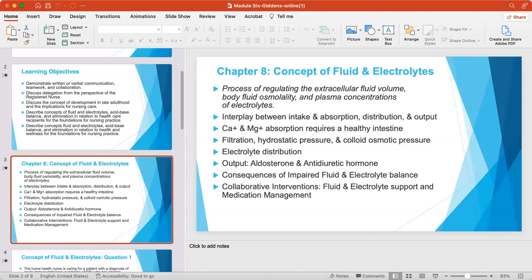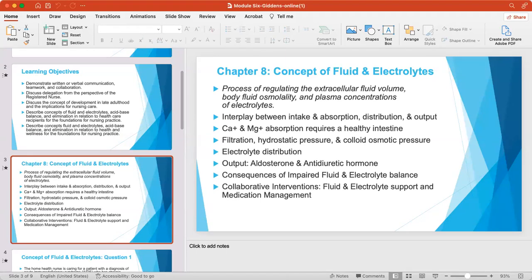As the RN, you'll be involved in teaching patients and families regarding the therapy that is prescribed. Treatments for extracellular fluid volume excess might include sodium restriction. You can have water restriction for a hyponatremia patient. You can have decreased intake of electrolytes that are excessive.